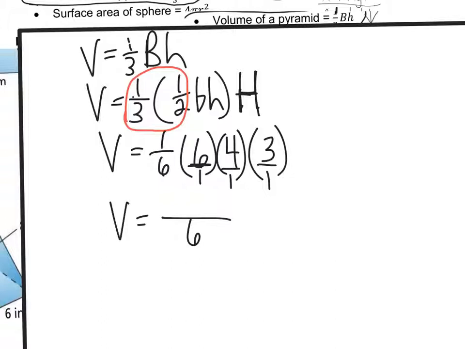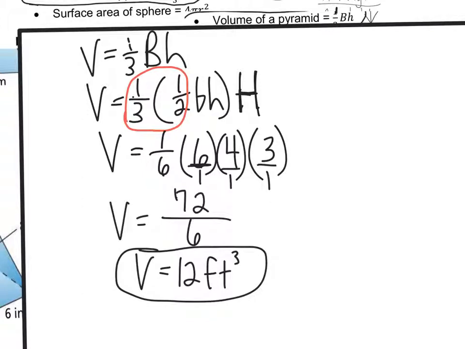Since you're multiplying all these, if you want to reduce like factors first, you can. Otherwise, you can multiply it all out and then divide it. So if you multiply that all out, you should get 72 over 6, and then when you divide that would be 12. So 12 cubic feet would be the volume of that pyramid.